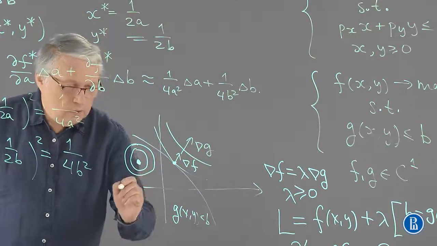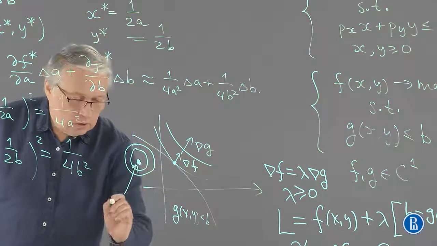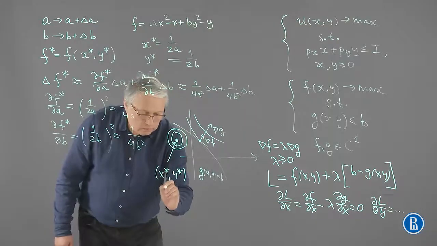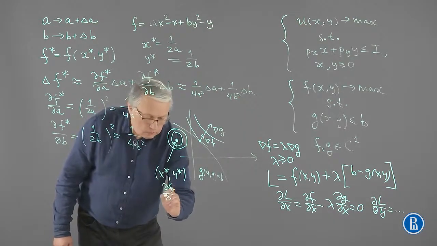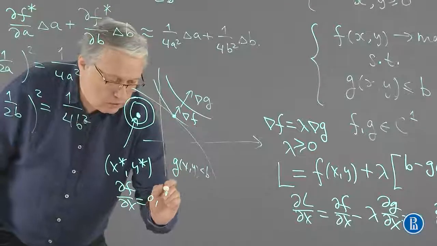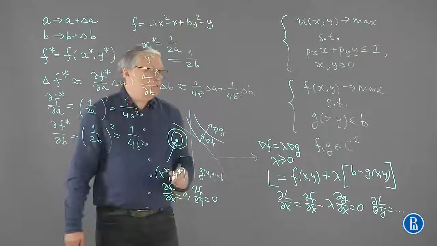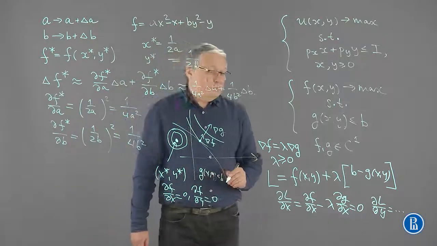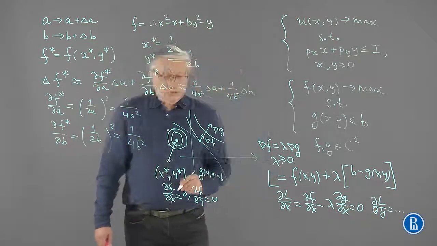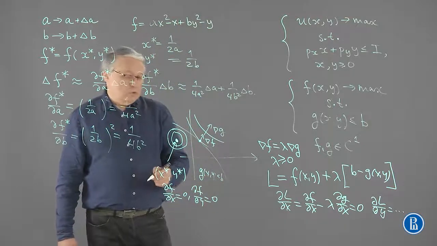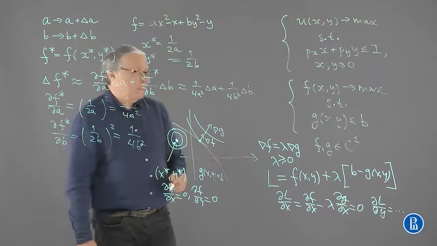So here, this point being x star, y star, we have df over dx equals 0, df over dy equals 0. What about lambda then? Lambda then should be 0 also, because actually we are considering an unconstrained maximization problem here.